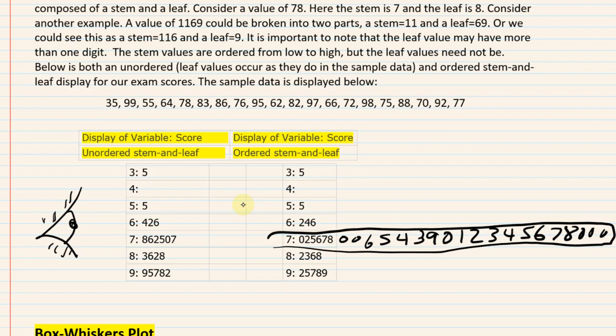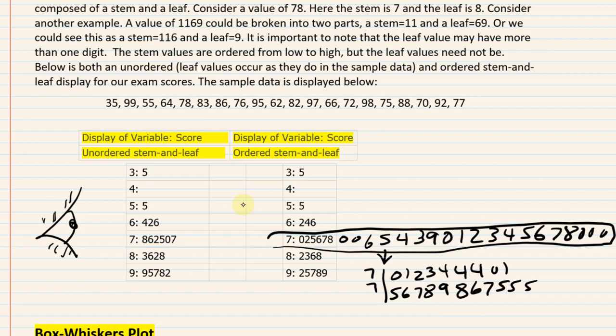So we can break this into, let's say, 2, maybe 3, 4, depending on how long the line is per stem. In other words, we can split the stem values. So here in the first one, we go 0, 1, 2, 3, 4, and 5, 6, 7, 8, 9 go here. That's how you can break it. So that's the idea of a stem and leaf.